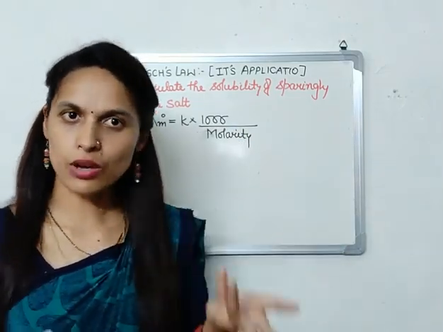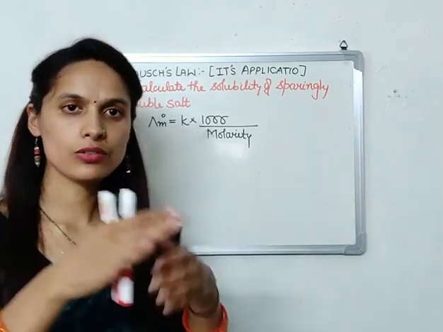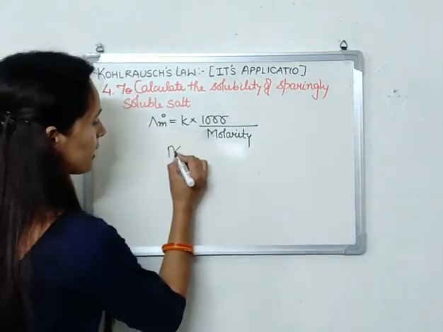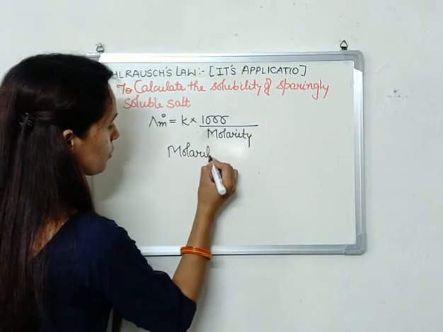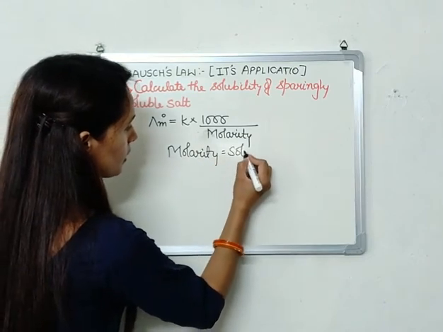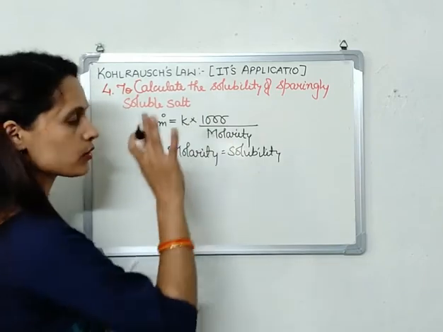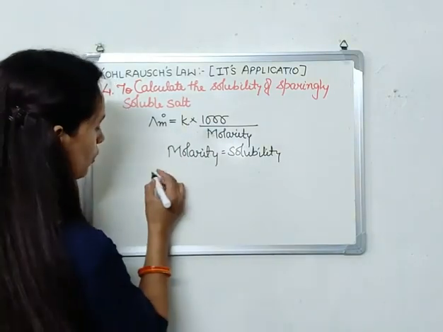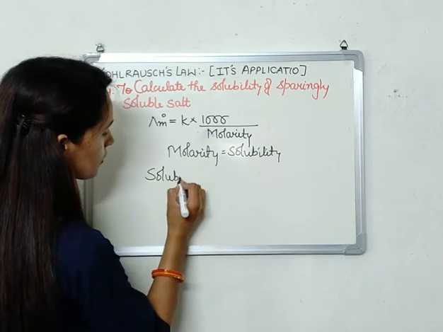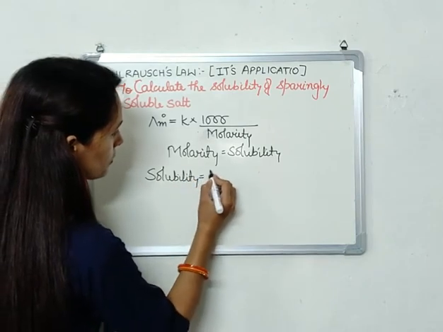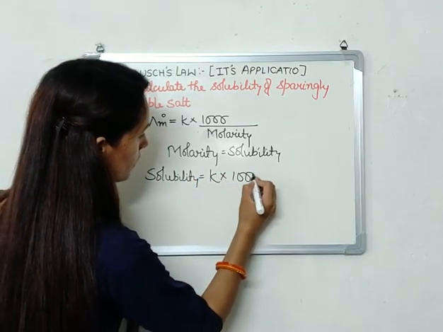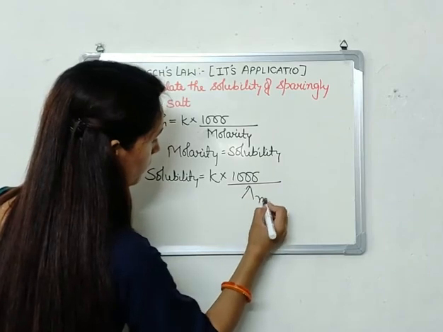So molarity equals solubility. The formula becomes lambda m naught equals K into 1000 upon solubility. So solubility becomes K into 1000 divided by lambda m naught.